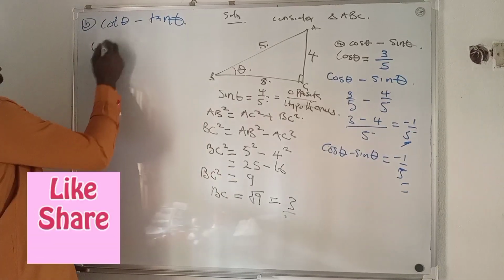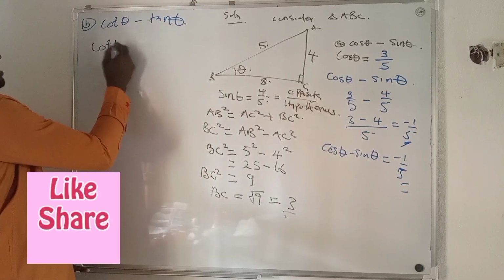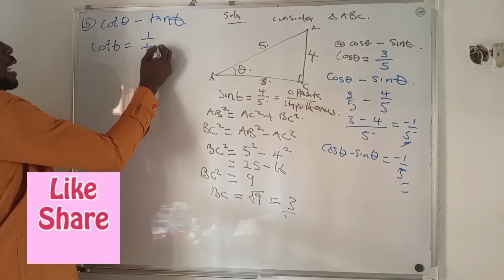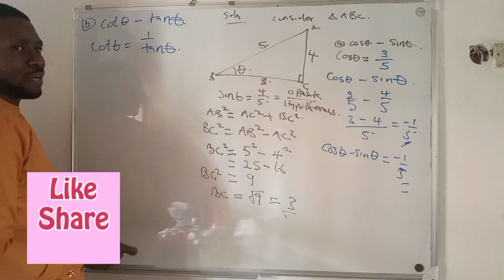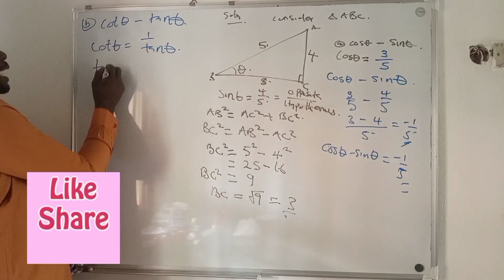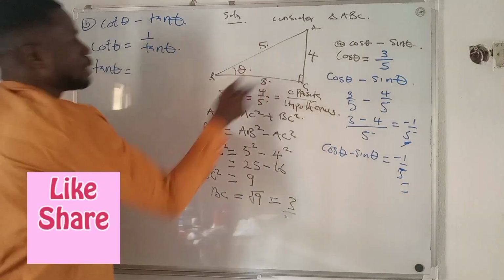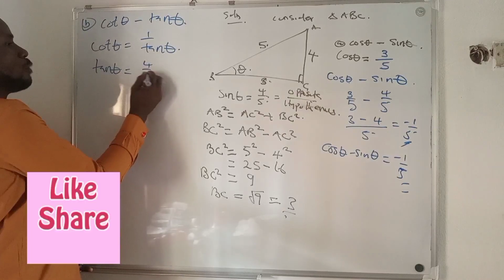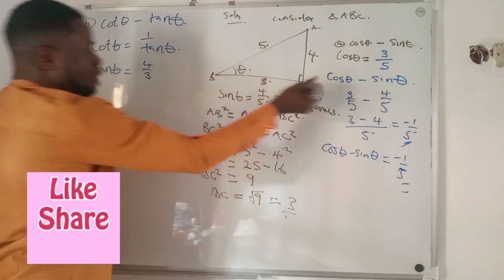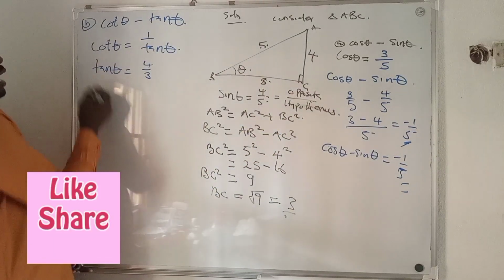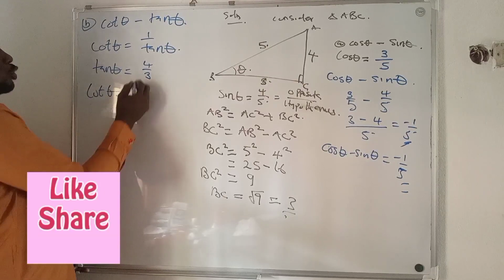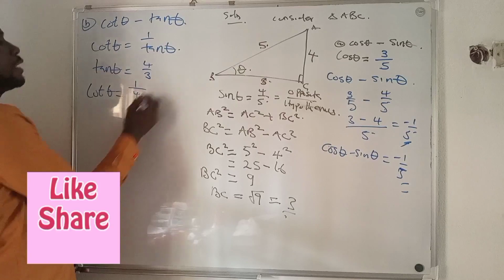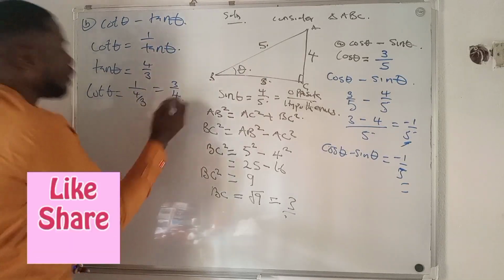You know that cot theta will be equal to 1 all over tan theta. What is the tan theta itself? From the diagram, tan theta will be 4 all over 3, that's opposite all over adjacent. Now, if that is the case, we can say cot theta will be equal to 1 all over 4 all over 3, and that is 3 all over 4.